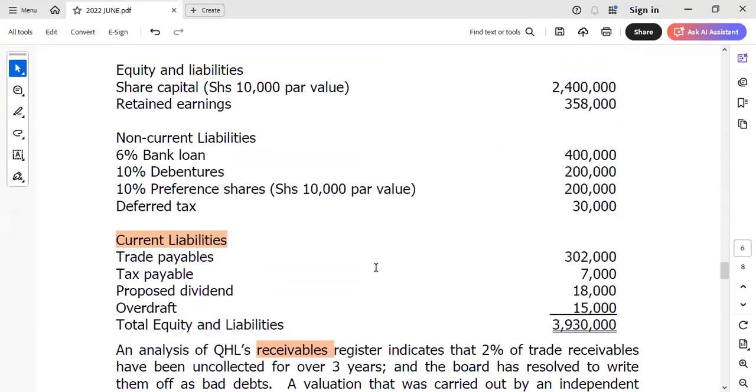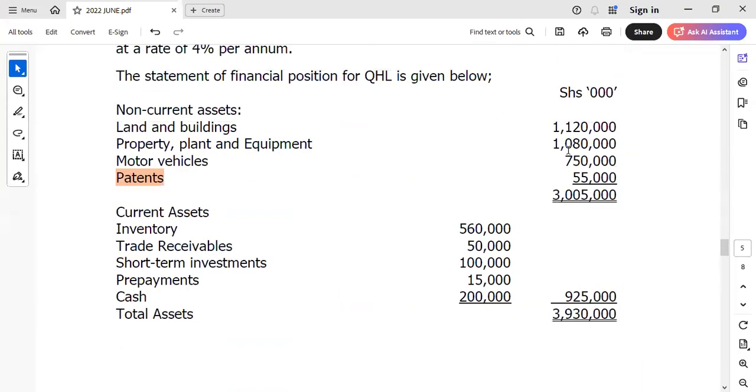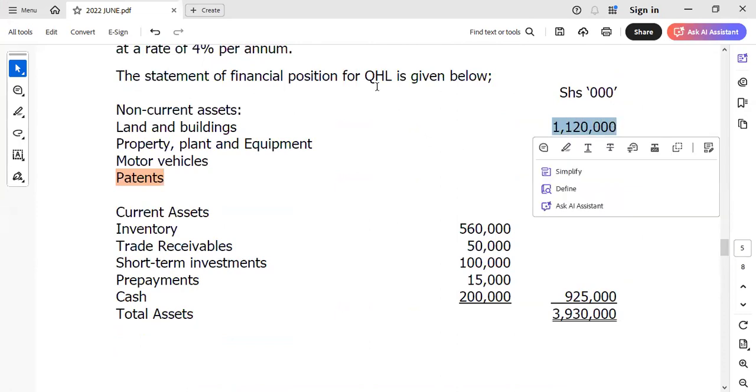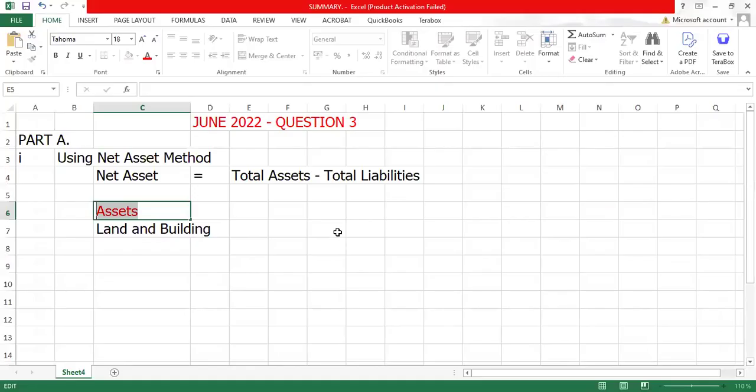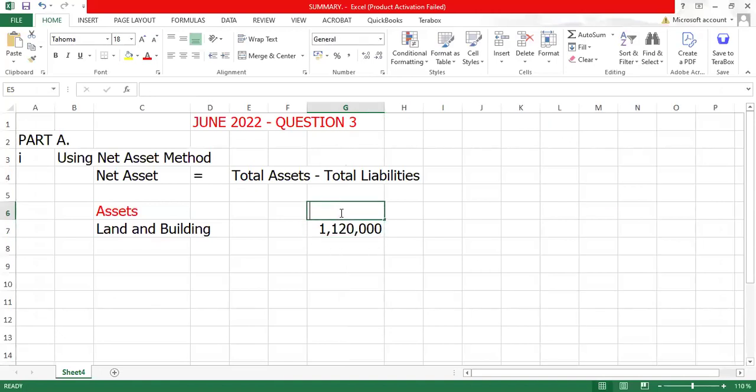Okay, we don't have. So you pick the figure the way it is. This is shillings in 1,000.